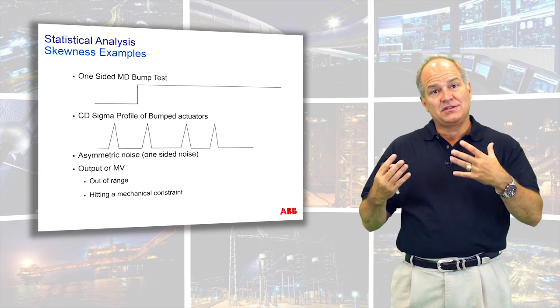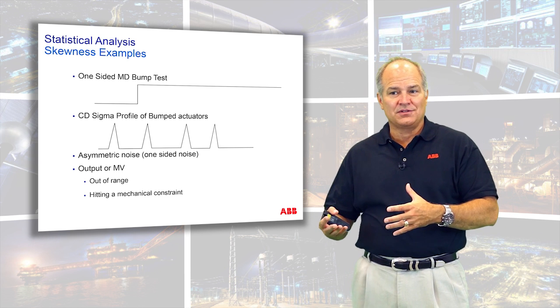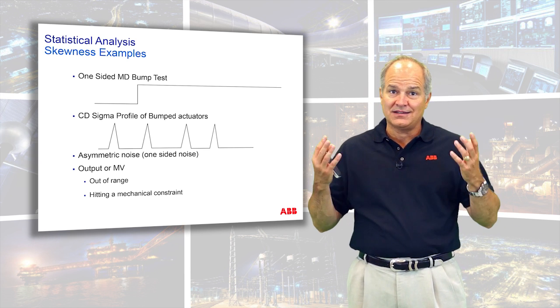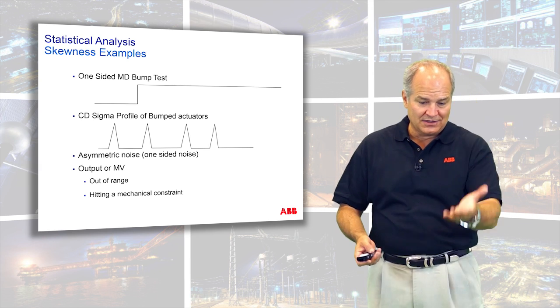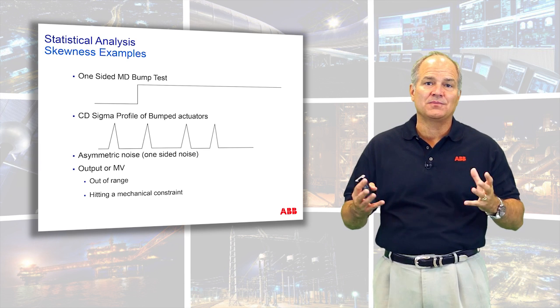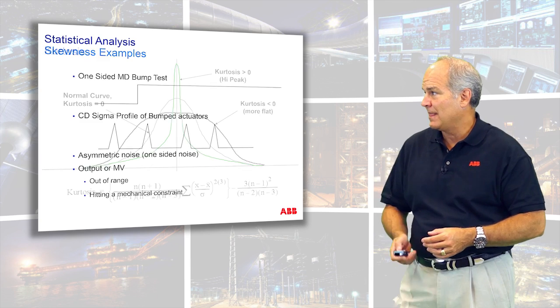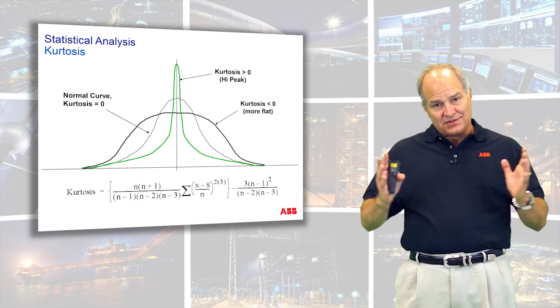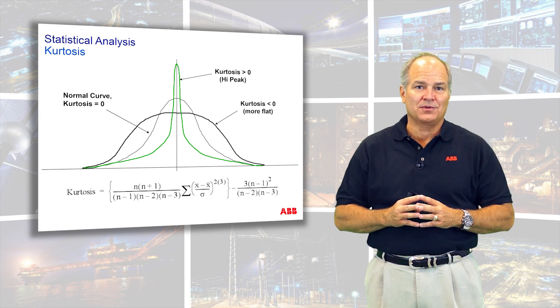So the data will be skewed in that direction. Skewness is an example of a mechanical constraint or something in the data that is not normal. So you calculate the skewness on all your data sets and sort it, and you can tell the ones that have some sort of mechanical problem just by doing this statistical algorithm. Kurtosis is how skinny or fat your signal is as compared to the normal curve.